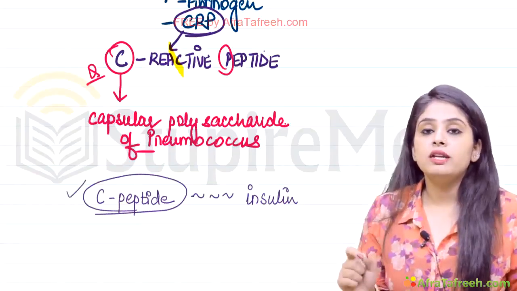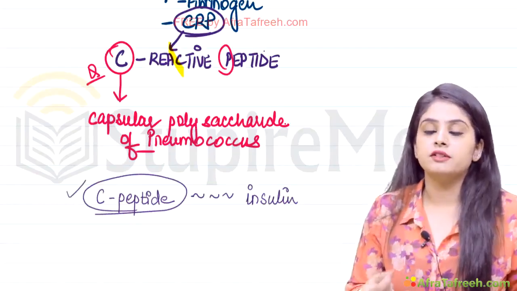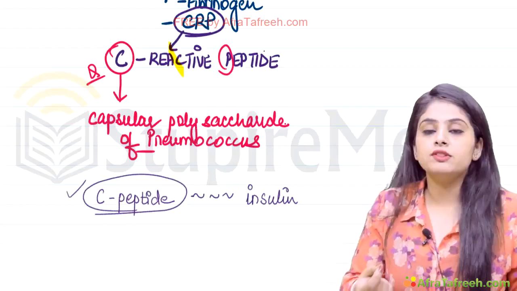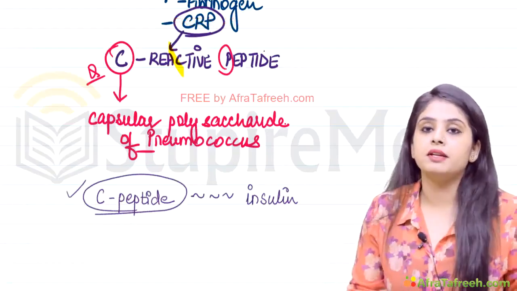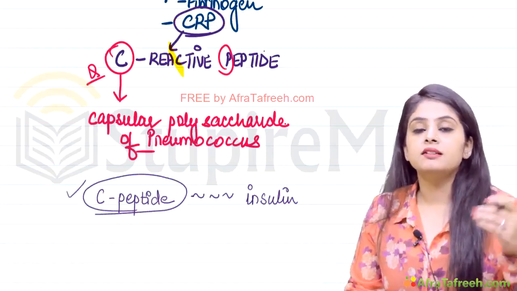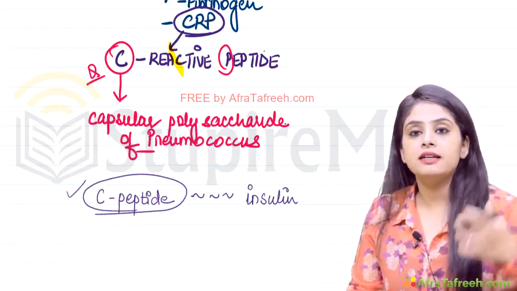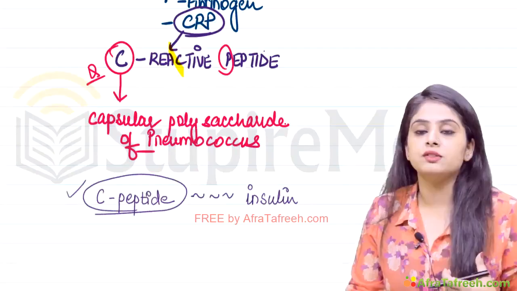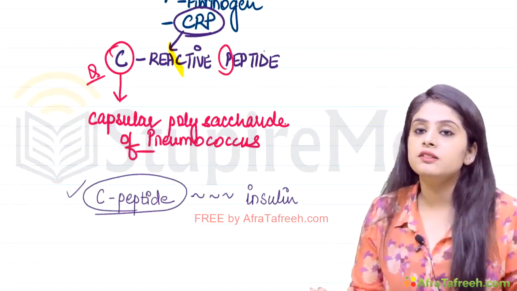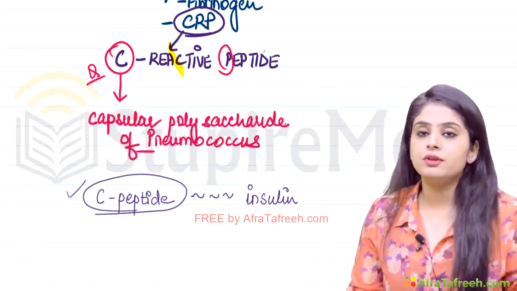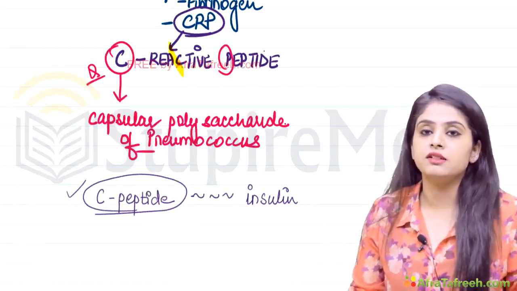C-peptide will increase only if the body has produced insulin. If the body has produced 20 molecules of insulin, means the body has also produced 20 molecules of C-peptide. If a person has done some drug abuse and has taken a larger amount of exogenous insulin, then only insulin has been taken. There is no increase in C-peptide. So one very important question on medicine also we've just discussed.